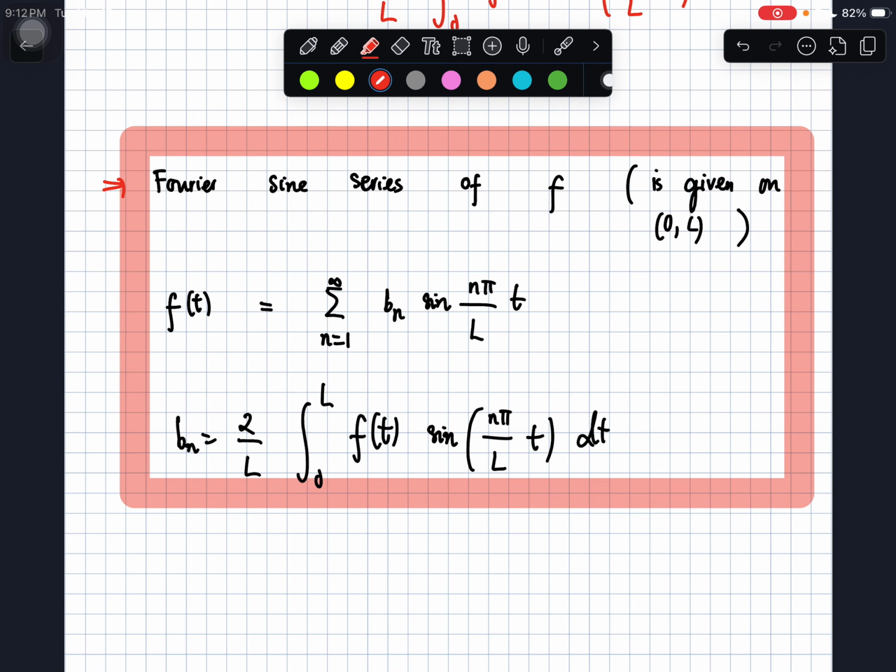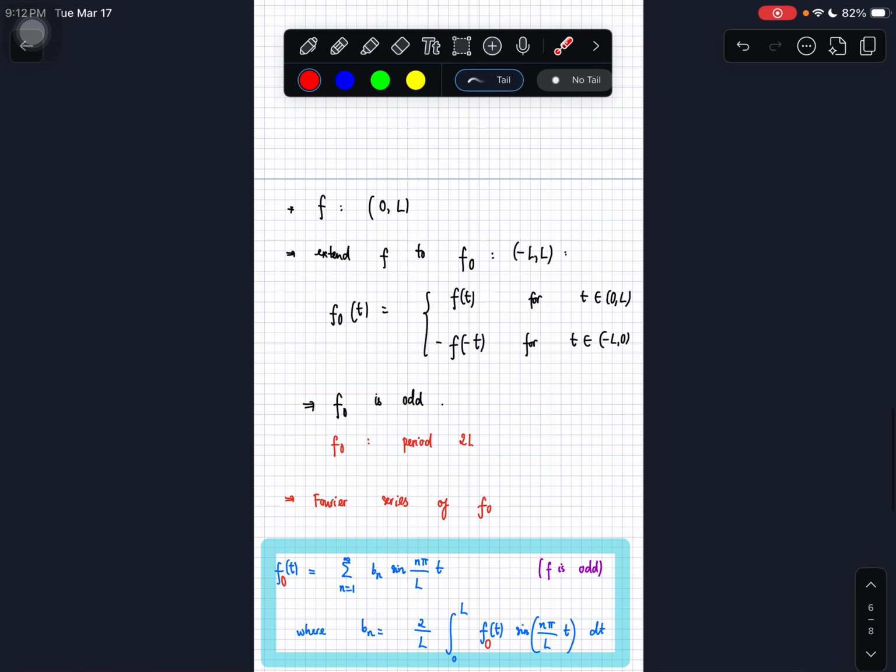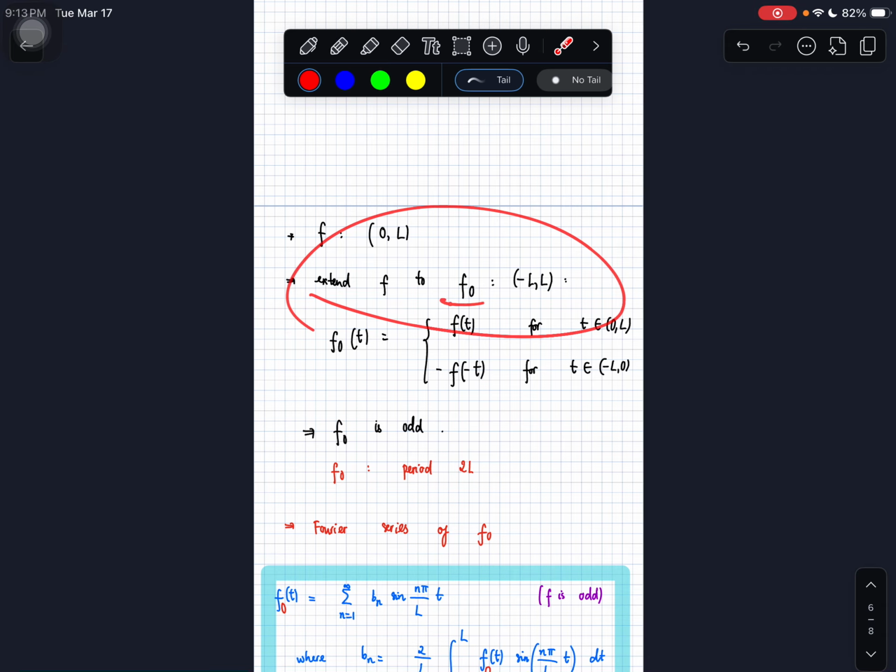And similarly, we can define the Fourier cosine series by extending f to an even function. Now, instead of extending f to f odd, we will extend it to f even.